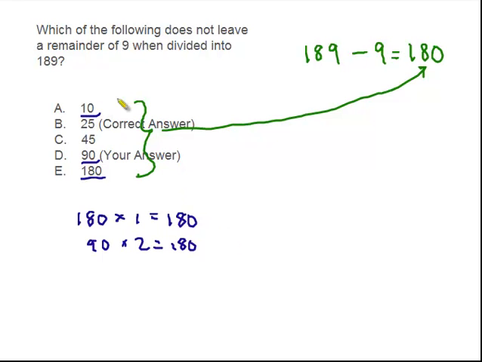And we should also know that 10 goes into 180 evenly. Any number that ends in 0, 10 can go into that evenly. So 10 times 18 equals 180. So now what we're left with is just really deciding between B and C.